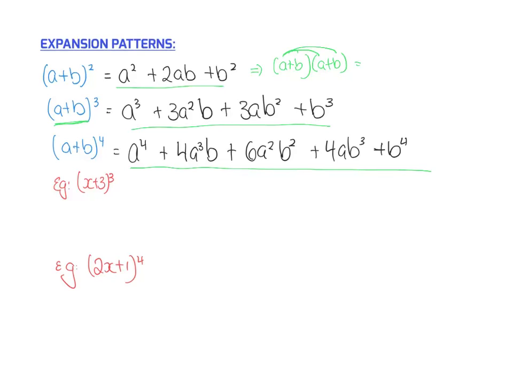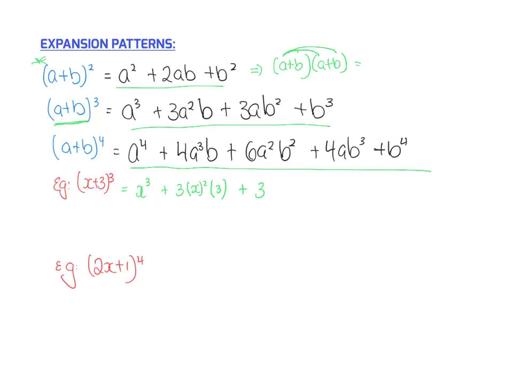So we've done plenty of these quadratics, so we're not going to do an example. So I'll do one of these cubics. Looking at the pattern, it's the first term cubed, plus 3 times the first term squared times the second term, which is 3.